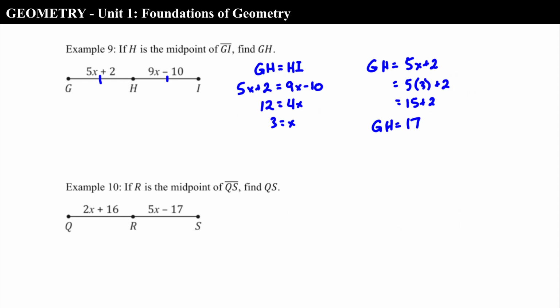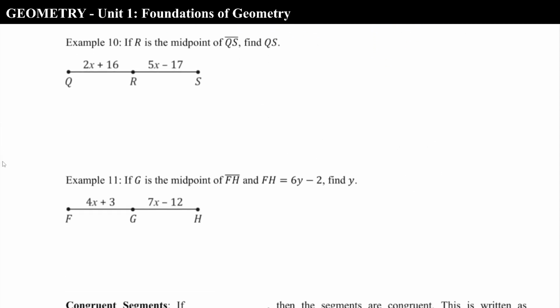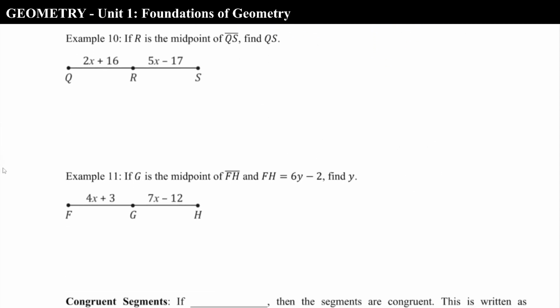All right, next we've got example 10. If R is the midpoint of segment QS, we're going to find QS. So we're going to find the length of the entire thing. Again, R is the midpoint, so this part and this part are the same length. So QR equals RS.